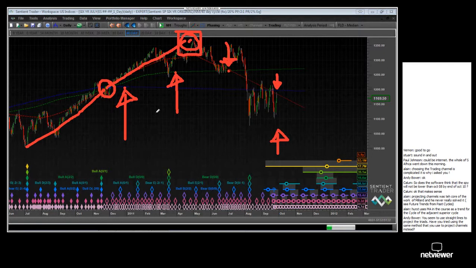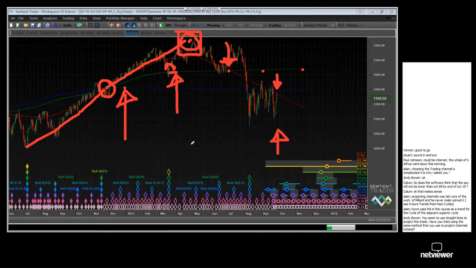These moving average lines are not simply moving average lines. They're not simple moving average lines. They are smoothed moving average lines. And they use a particular process for smoothing, which is fairly simple but works very well. And then what happens is Sentient Trader uses the past period of smoothing, if you like, and averages the trend and uses very simple linear regression, and as a result generates a straight line coming out of that.